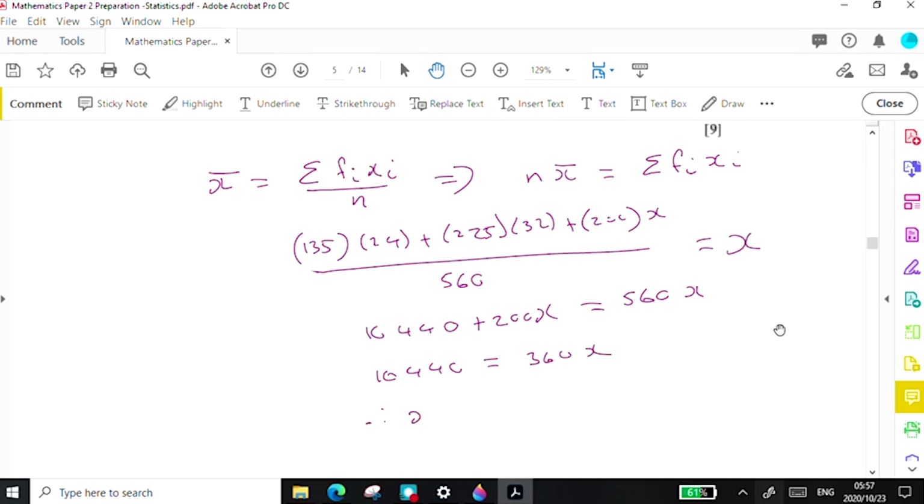Therefore, x should be equal to 10,440 divided by 360, and this is equal to 29.